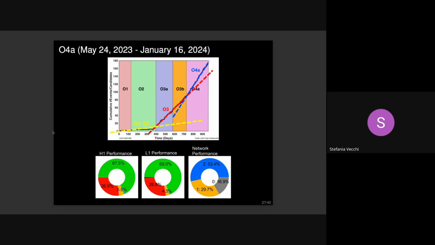So it's almost 200 now in total. And these are performance and duty factors for Hanford and for Livingston. Basically, they are on for, let's say, 70% of the time, and off for 30% of the time.